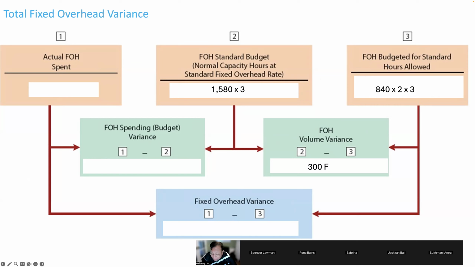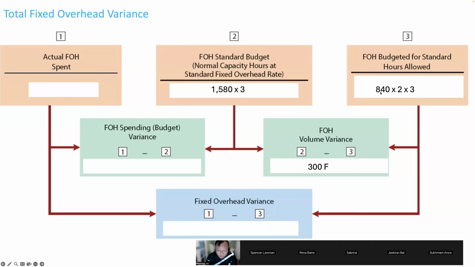On the right column, this is the hours allowed. You are making 840 units in the month of May, and according to the standard, each unit requires 2 direct labor hours. So I'm using 840, the actual output, times 2 hours per unit.